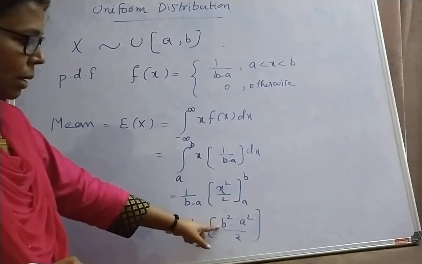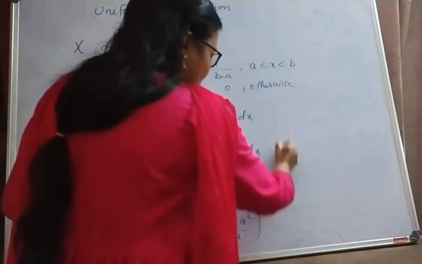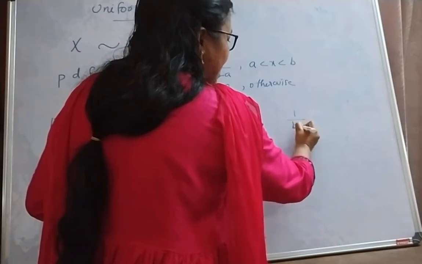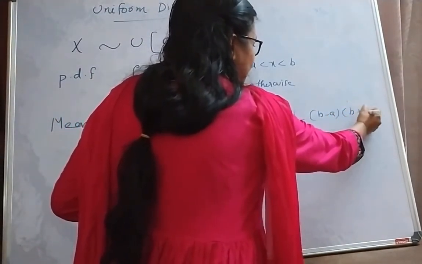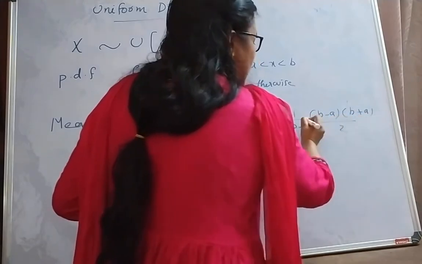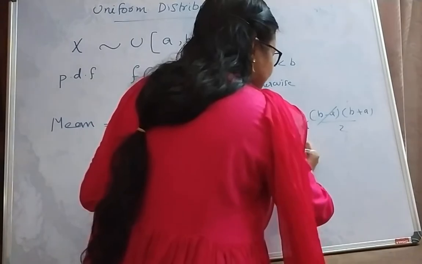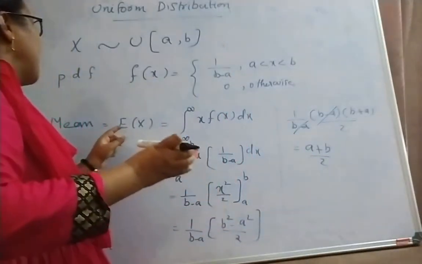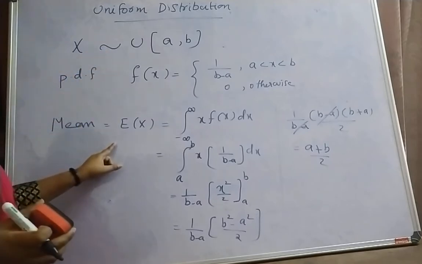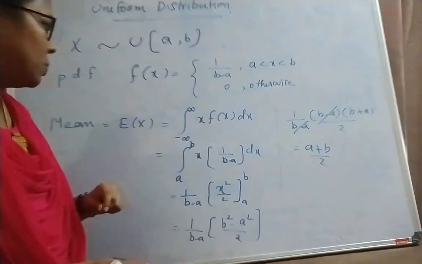Since b square minus a square is b minus a into b plus a, we get 1 by b minus a into b minus a into b plus a by 2. This b minus a can be cancelled. Then we get a plus b by 2. Therefore, mean of the uniform distribution is expectation of x, and it is equal to a plus b by 2.